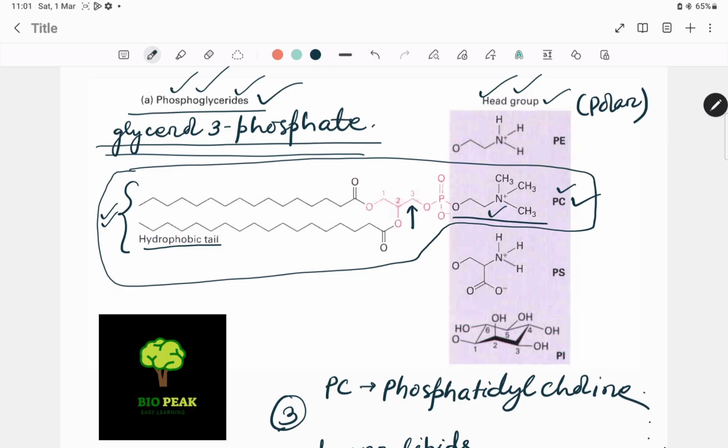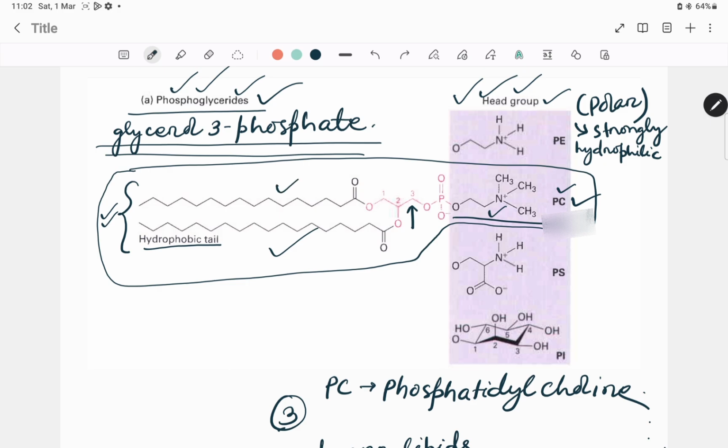In phosphoglycerides, the polar head groups are strongly hydrophilic. The fatty acids can vary in length. The fatty acids can be saturated or unsaturated.